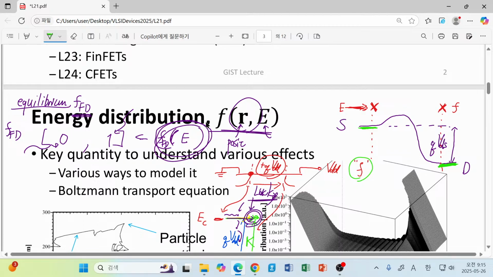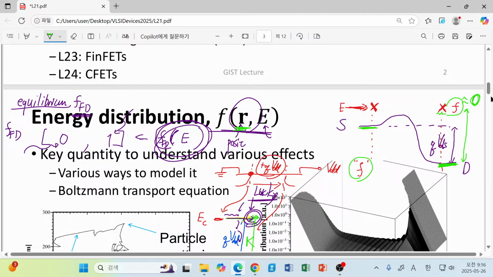So for this F value at this position, you can see that the energetic distance between this cross point we are considering and its quasi-Fermi level is quite high. So it is certain that now we have an almost vanishing distribution function or occupancy in this case.